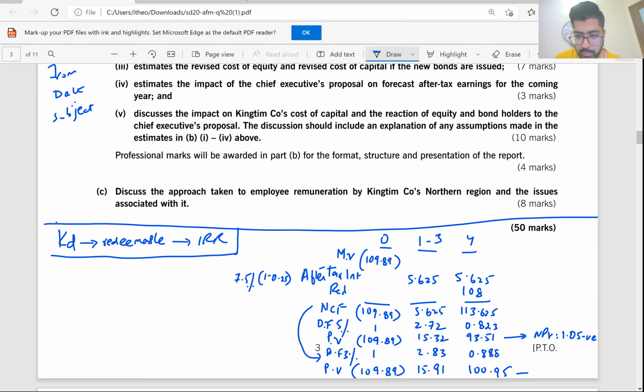We net them all. We get NPV of 6.97 positive.